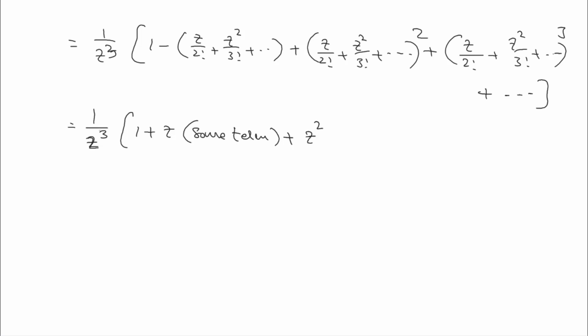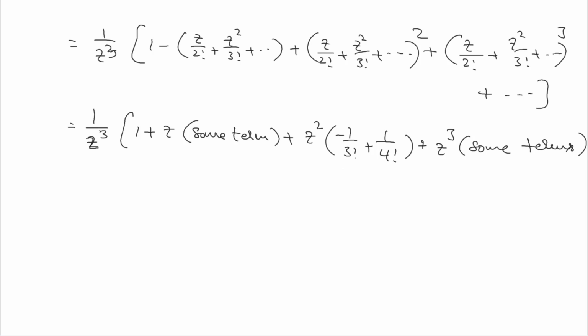Next, coming to the z square term, we get minus 1 divided by 3 factorial plus from the second power we get 1 divided by 4 factorial, that's it, plus z cube times some terms. Since in the next expansion the smallest degree will be z cube, there does not exist any z square term, so the coefficient ends here.